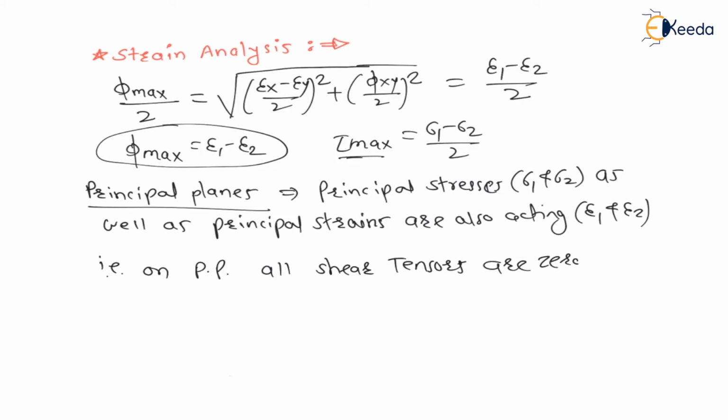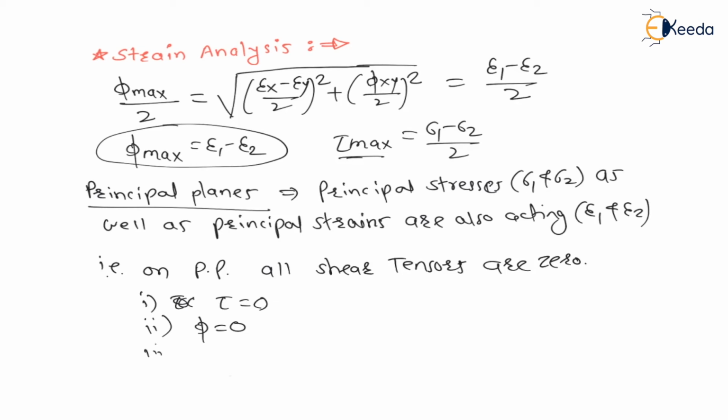This is very important. Principal plane means the plane on which principal stresses as well as principal strains are acting, and on principal plane all the shear tensor quantities are zero. That is number 1, the shear stress is zero. Stress is a tensor quantity, therefore shear stress is zero. Second, shear strain is also zero. Strain is a tensor quantity, therefore shear strain is also zero.